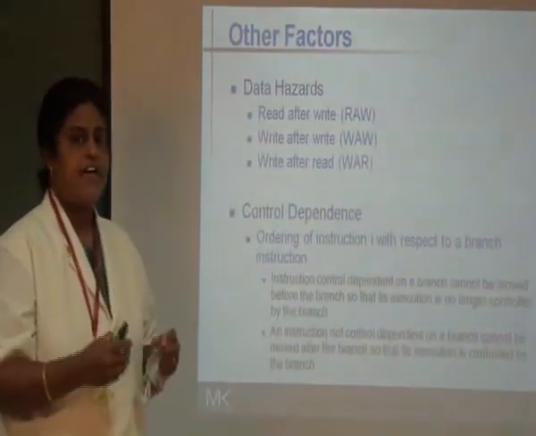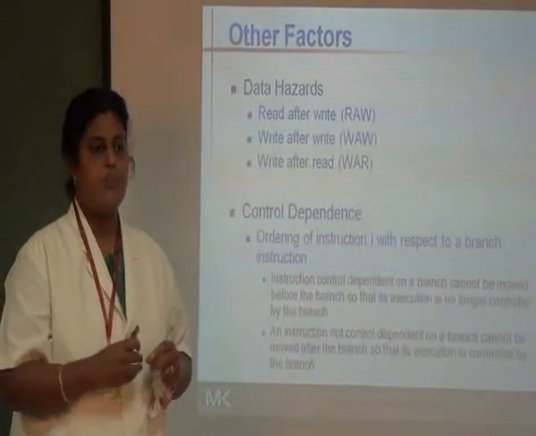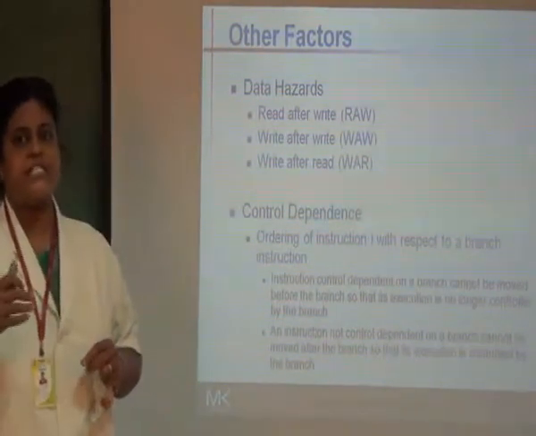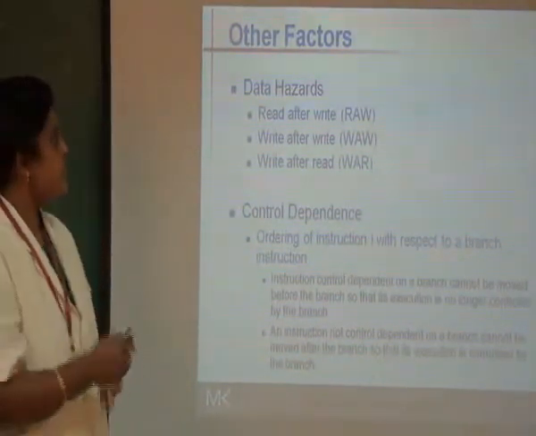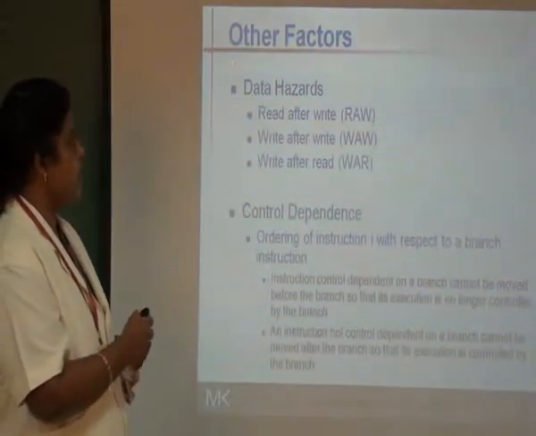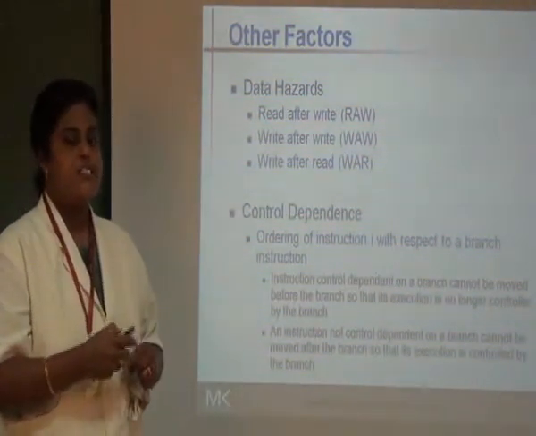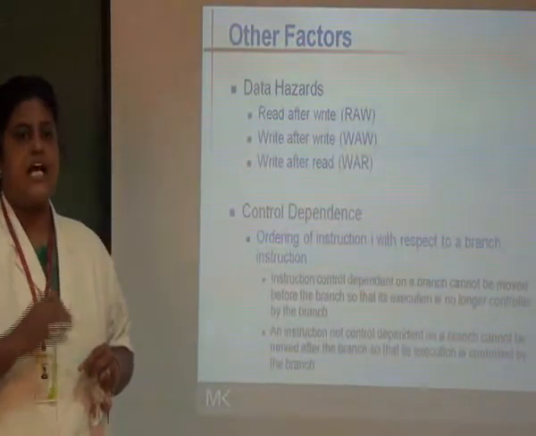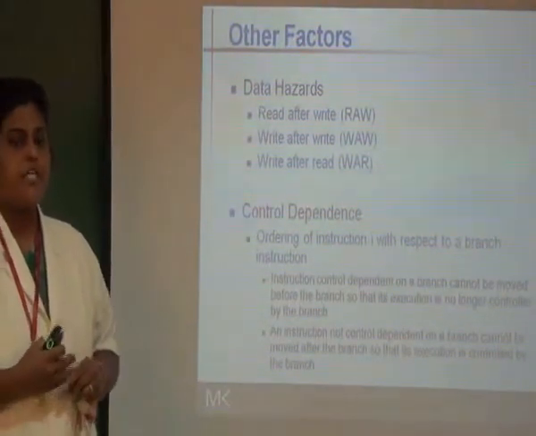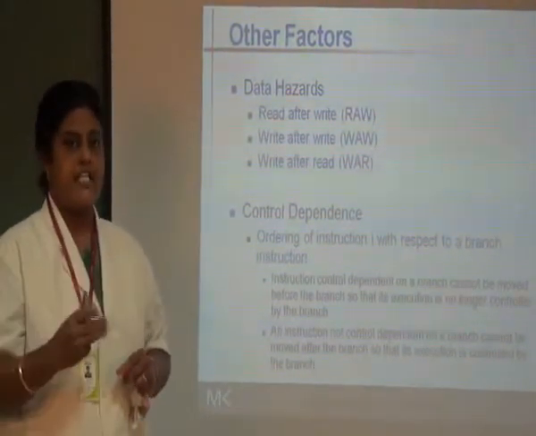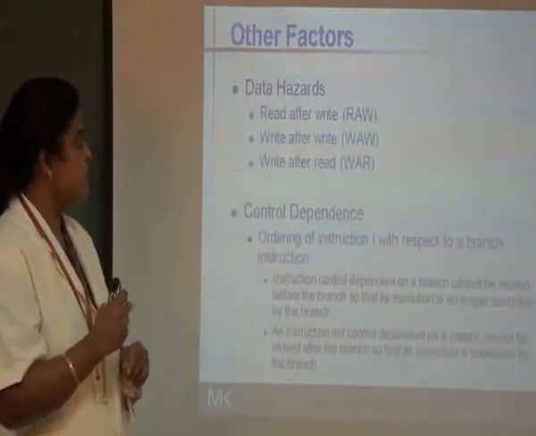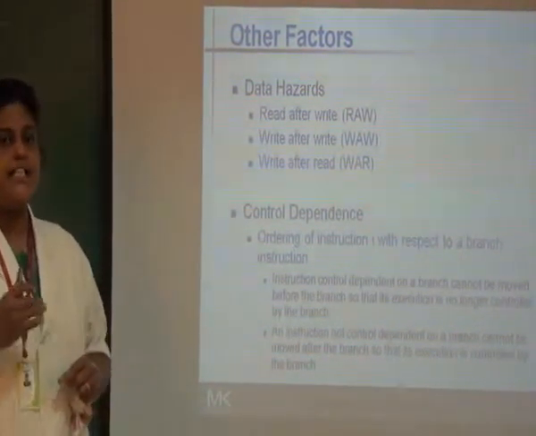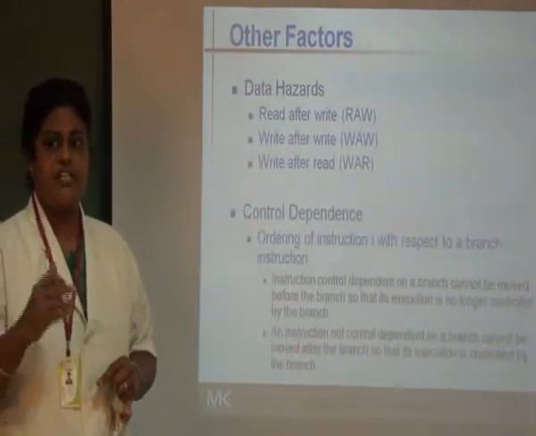So what are the other factors which contribute to the problems of data dependence as well as name dependence? The first problem is actually going to be the data hazard. So what is data hazard? Data hazards are of three different types. One is read after write hazard, the other one is write after write hazard, and the third one is write after read hazard.